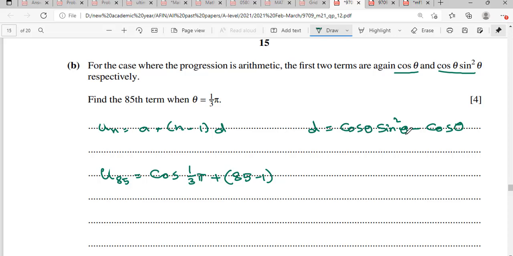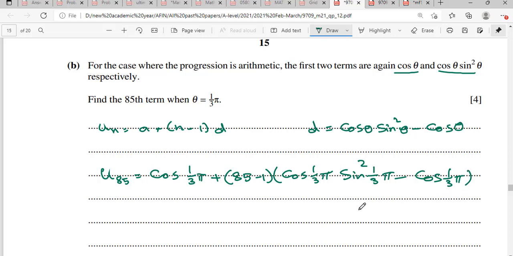We can just use it like this. We can simplify it, but since we know theta is 1 over 3 pi, don't waste time simplifying. So this bracket, which is 84, will be multiplied by cosine 1 over 3 pi sine squared 1 over 3 pi minus cosine 1 over 3 pi.